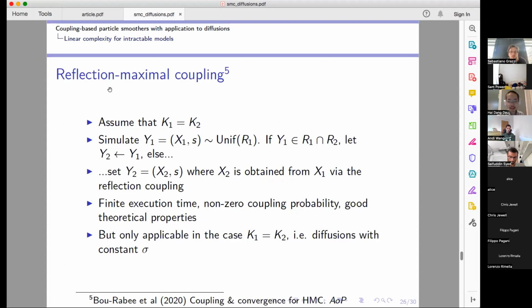Then there is a reflection maximal coupling, which has been proposed to solve this problem.